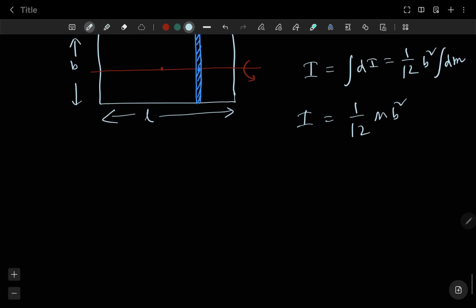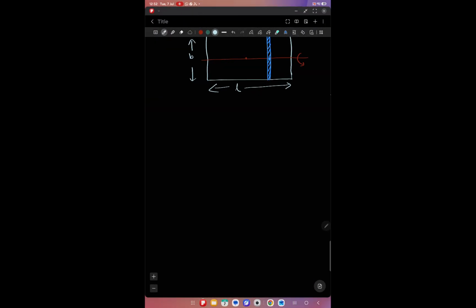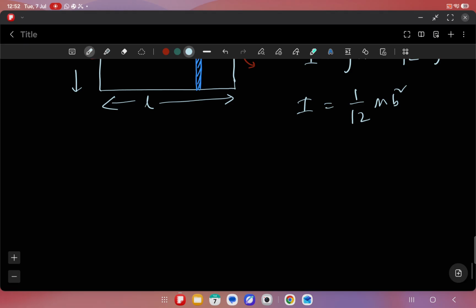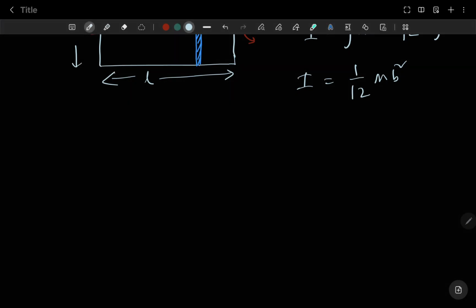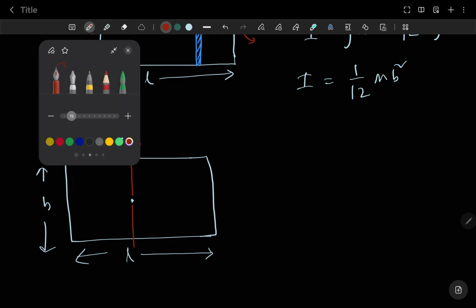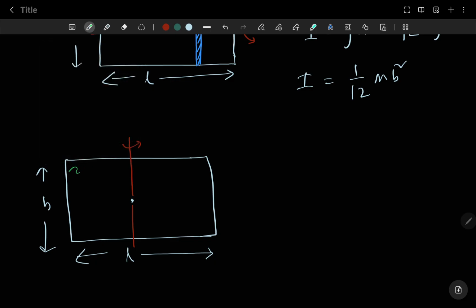Now if the axis is like this, then you will consider rods like this.